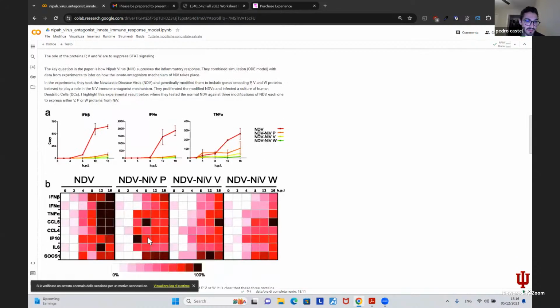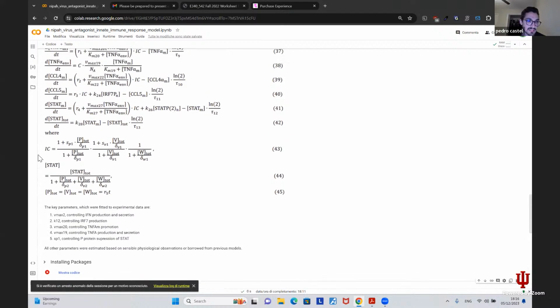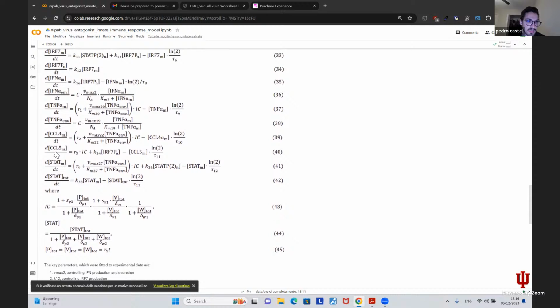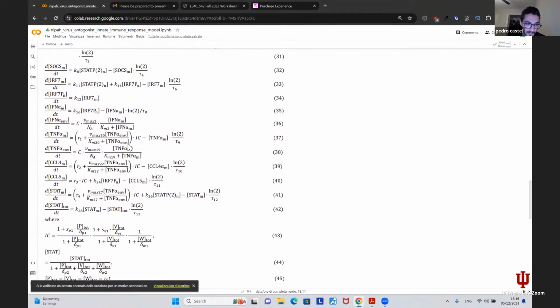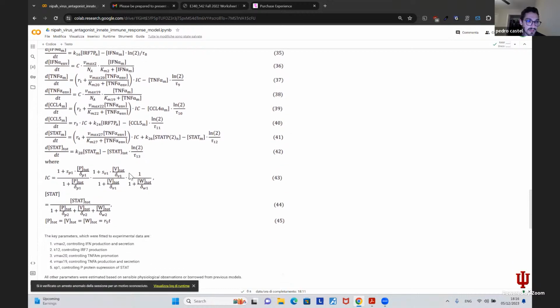So this IC is acting over the production of cytokines. For example, CCL5 mRNA, you have IC over here, multiplying the basal production. CCL4 mRNA, you have IC here, multiplying both the basal rate and the promotion of TNF alpha. IC over here, suppressing production of TNF, and so on.